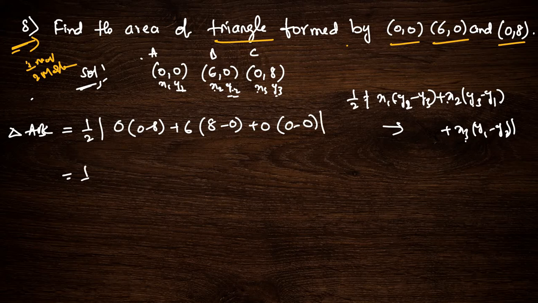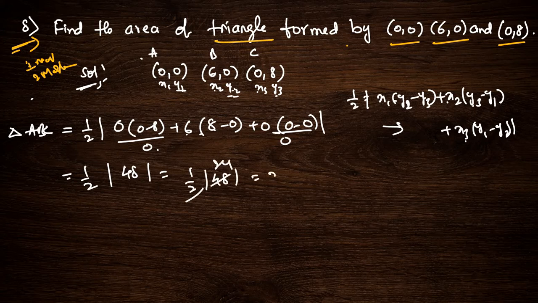So it will become 1 by 2 into 0 plus 0 will come and 6 8s are 48. So it is equal to 1 by 2 into 48. So 2 ones are 2, 2 twelves are 24, is equal to 24. So area of triangle is 24.